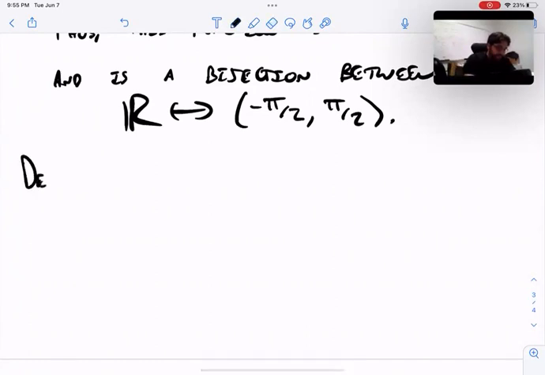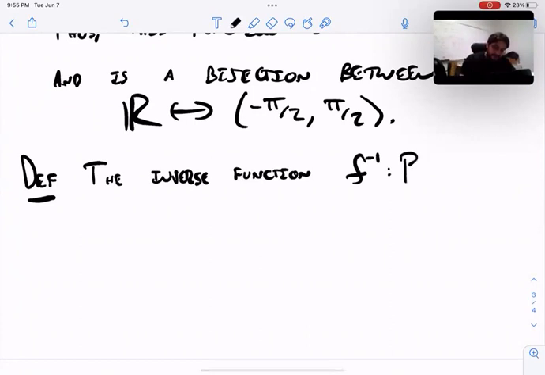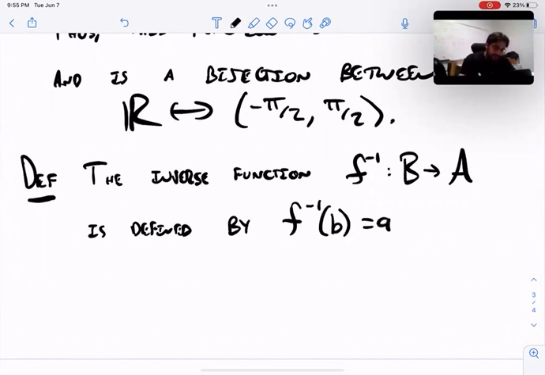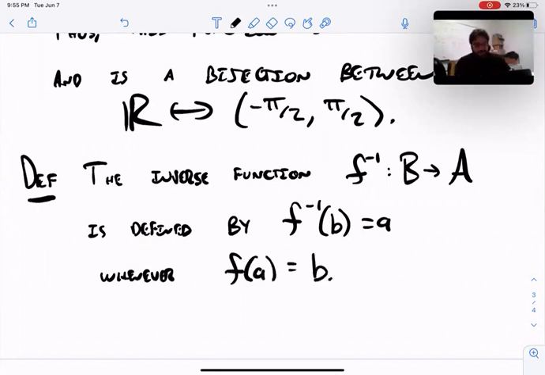So you can define the inverse function, written f inverse, from B to A, defined by f inverse of b equals a whenever f of a equals b, and not even just whenever, but if and only if.